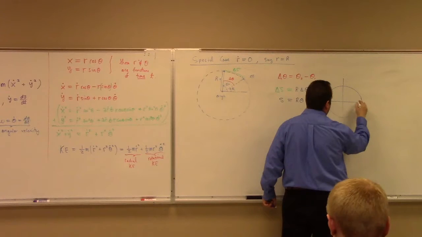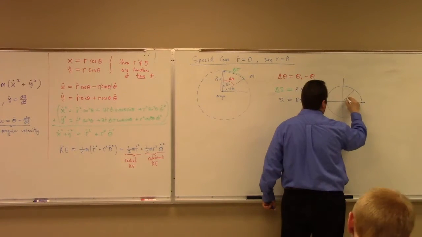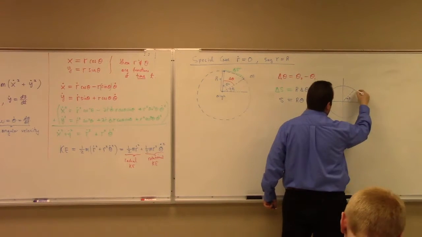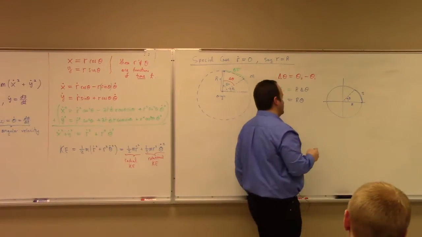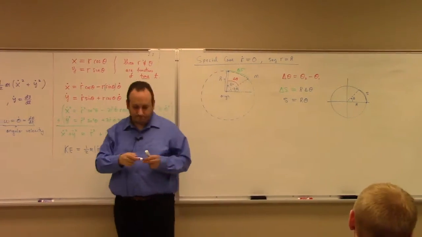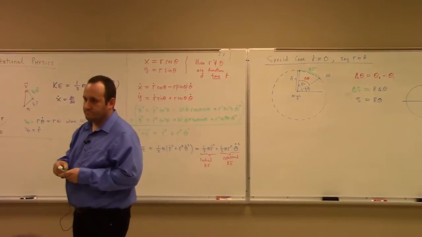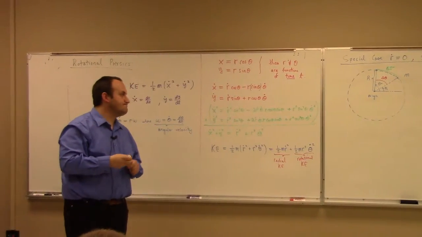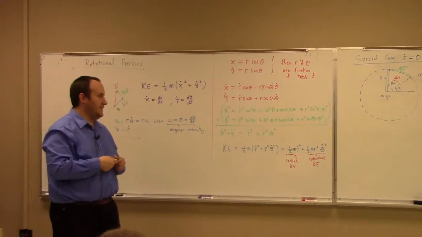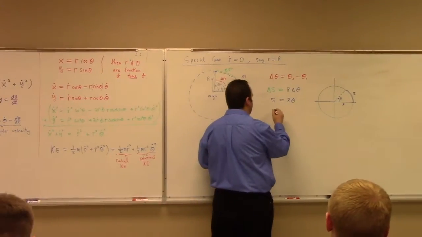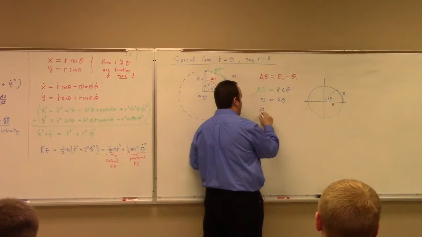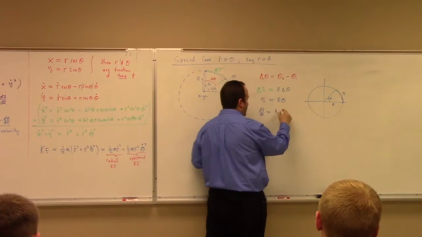So here's theta, starting from there, this distance is S. Think of it that way if you want. And then of course we can differentiate this. So what's ds dt? It's R d theta dt.